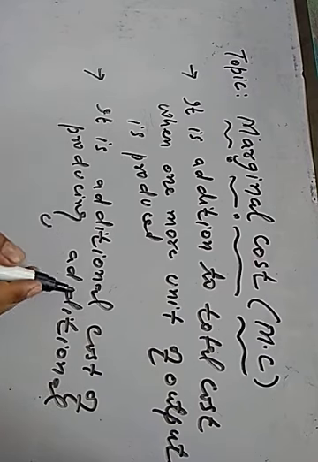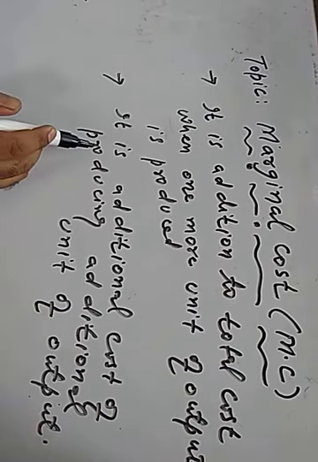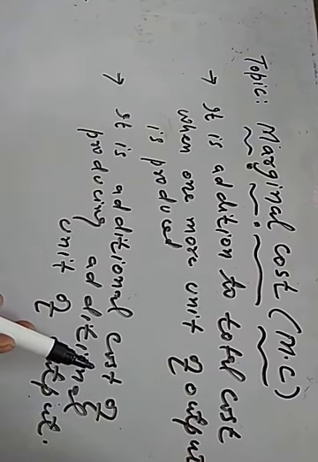ये एडिशनल कॉस्ट होता है जब एडिशनल यूनिट ऑफ आउटपुट प्रोड्यूस होता है. Or we can also say it is extra cost when extra unit of output is produced, extra unit of commodity or service is produced.